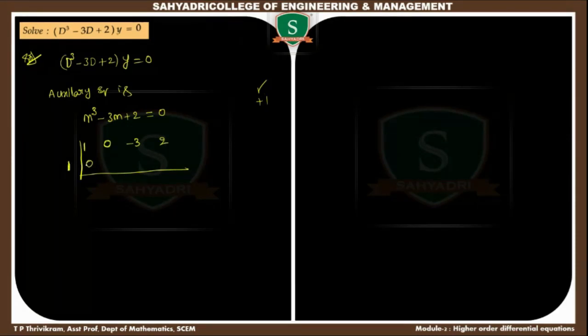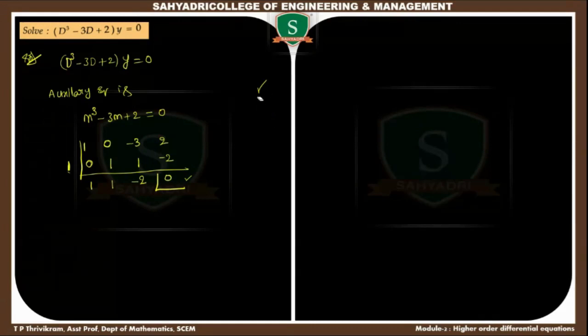First put 0, add it, you'll get 1, multiply it, 1, add it, 1, multiply with this, you'll get 1. If you add, you'll get minus 2, multiply with 1, you'll get minus 2, finally you'll get 0. Definitely you should get 0 here if your solution is correct.